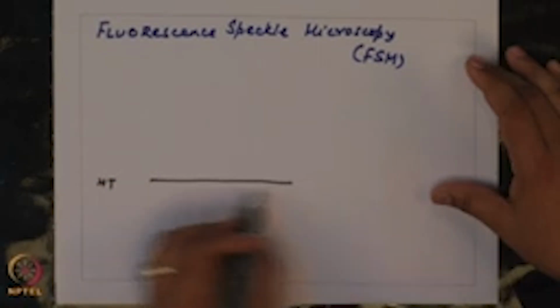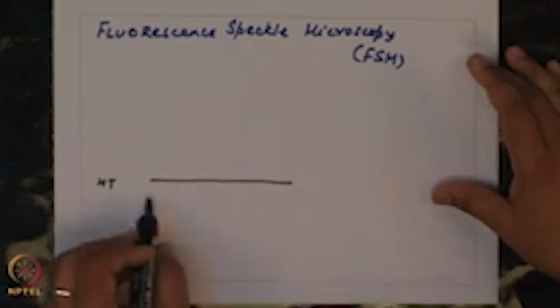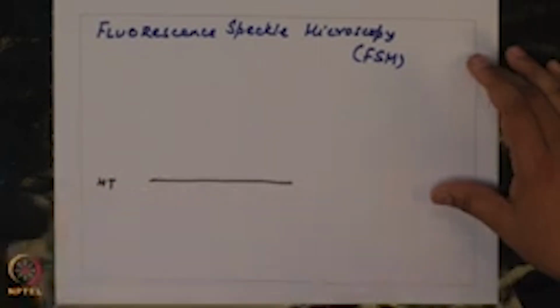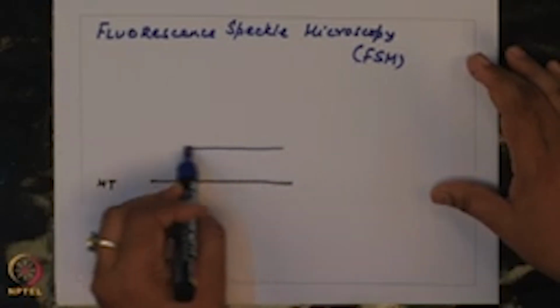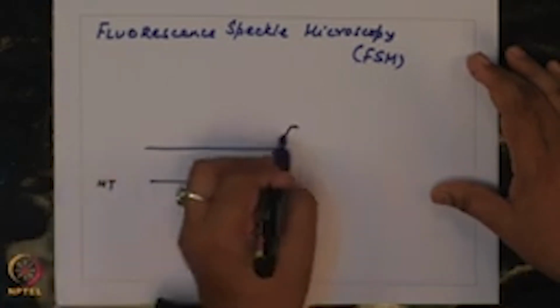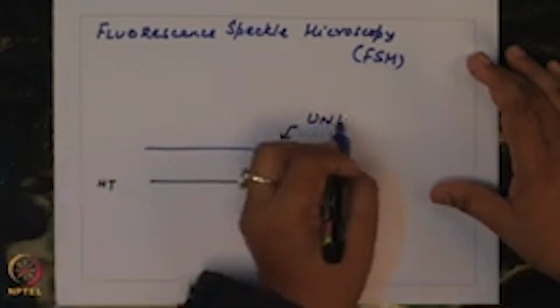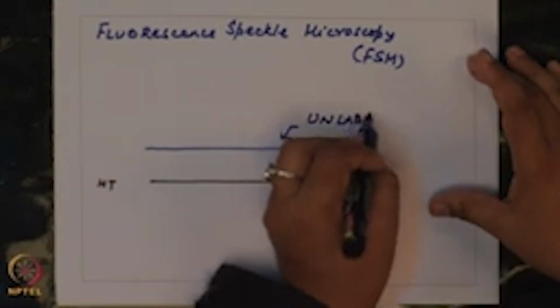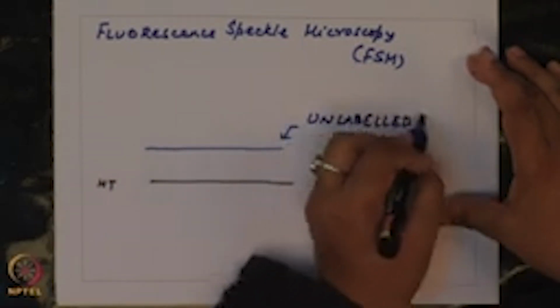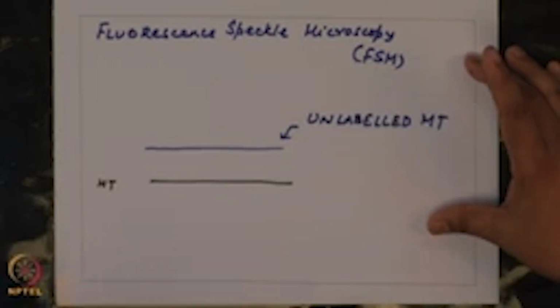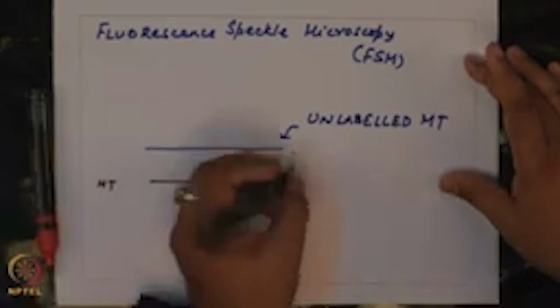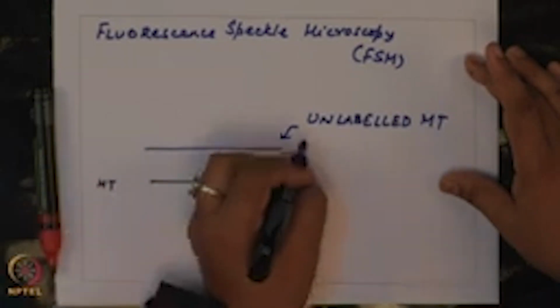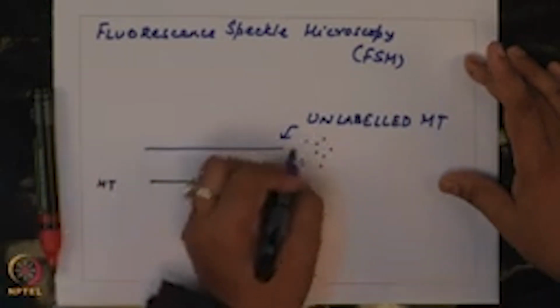Okay. So, in that case you are in no way able to track the dynamics. But let us say you do the following experiment, in which you take unlabeled filaments. So, this is an unlabeled microtubule, and you have all these subunits which are unlabeled.